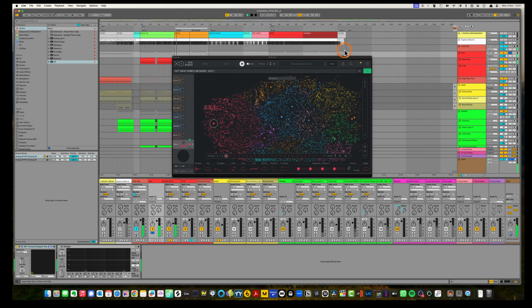So if I start it again, I have the crossfader to the left. If I just solo the kicks, so that's the original kick. And then if I move the crossfader over to the right, that is this kick here that is throbbing.